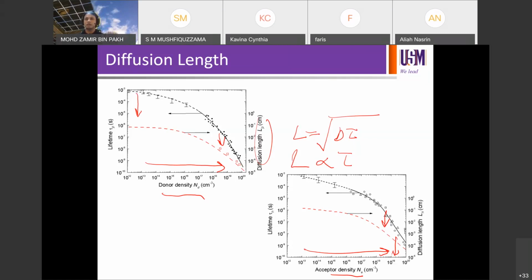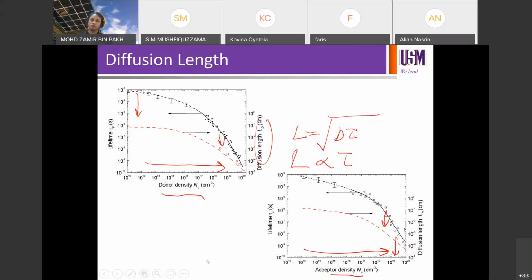If you go for high doping, you're going to reduce resistance, but you're going to suffer from low diffusion length or low lifetime. But in order to recover the lifetime or diffusion length, you need to reduce the doping level. That will increase your series resistance. So later we will see at device level where you need to compensate the doping level accordingly, so that you have sufficient series resistance for your device to operate at optimum condition, and also you can extract your carriers with sufficient diffusion length and lifetime, right?